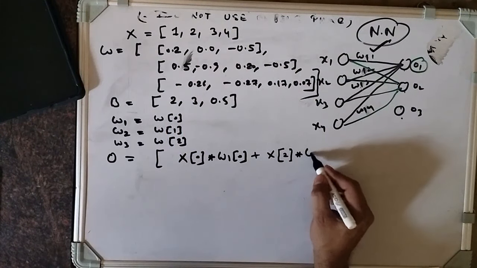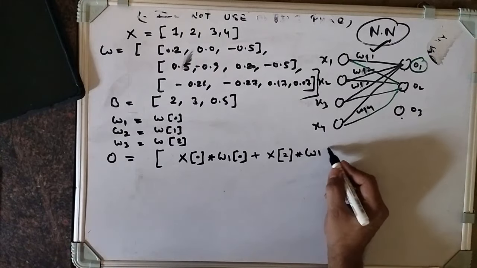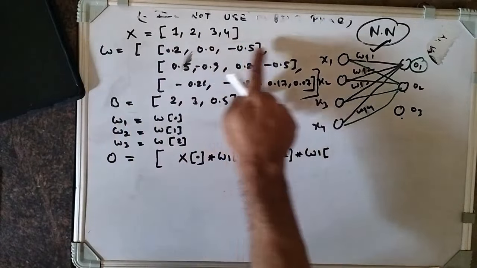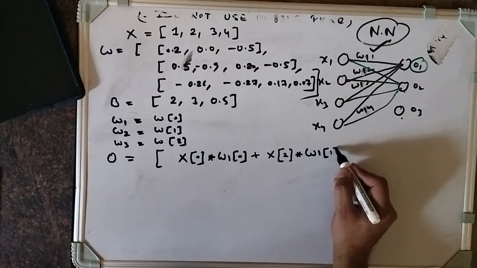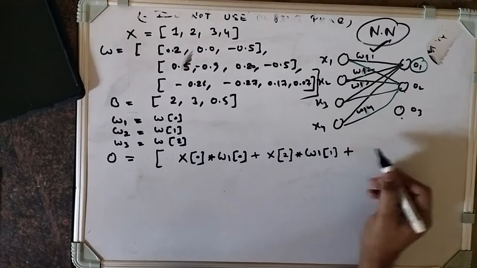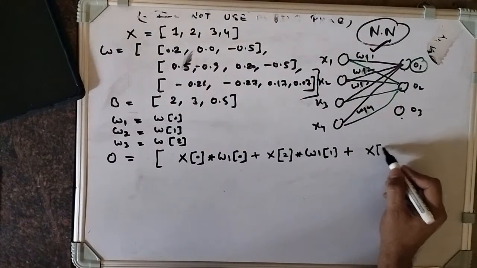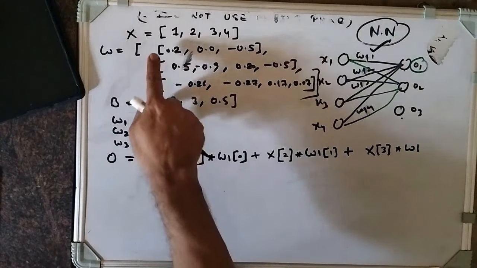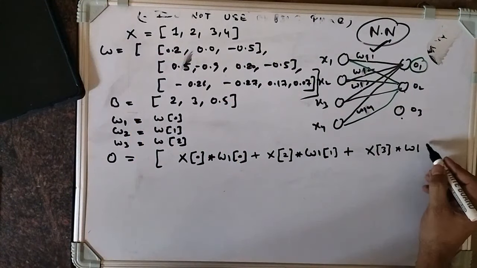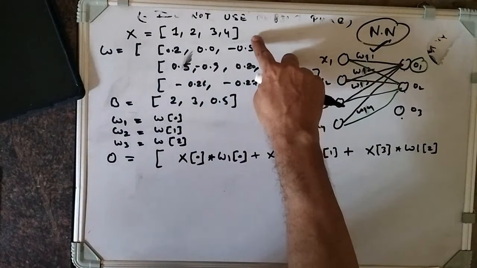Now next w, this is w1 because first element, and this is w0, this is w1, plus x means input 3, x3 into w weight 1, third element. What is the third element? 2. Done. Here we have written something wrong.